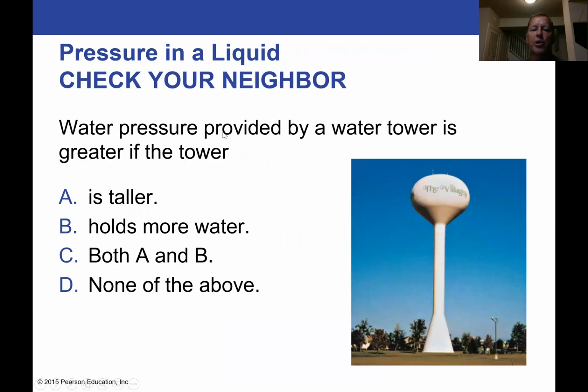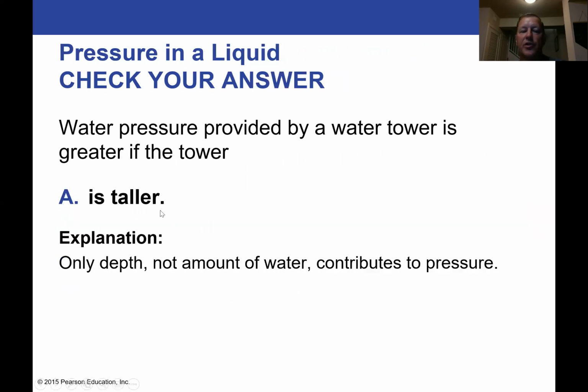So anyway, water pressure provided by a water tower is greater if the tower is, where's the water pressure going to be greater? If this is higher, if this holds more water, or both? Well, obviously, if it's taller.